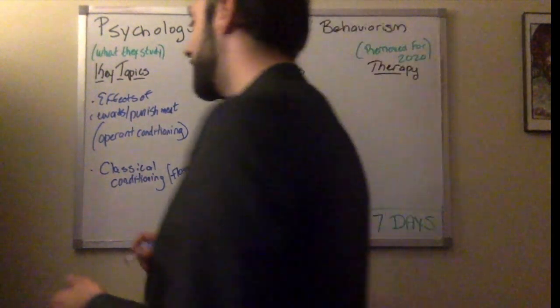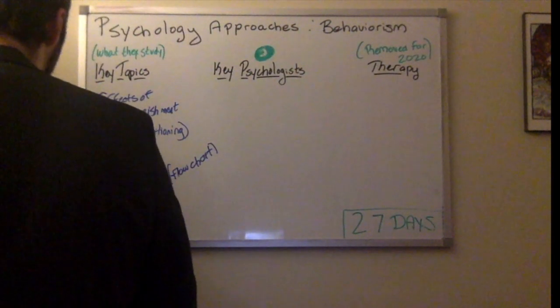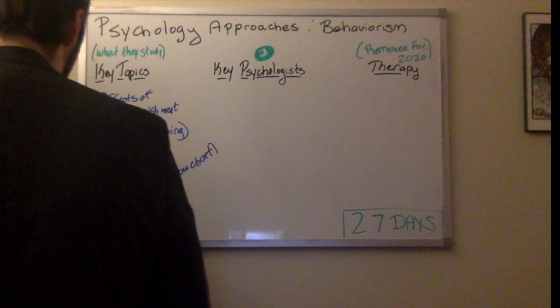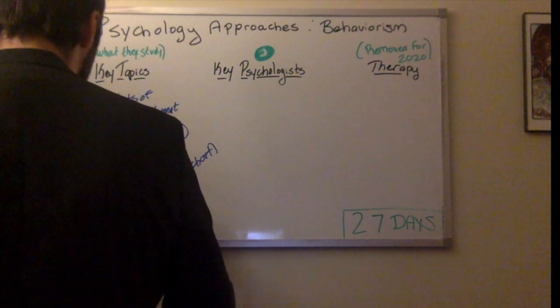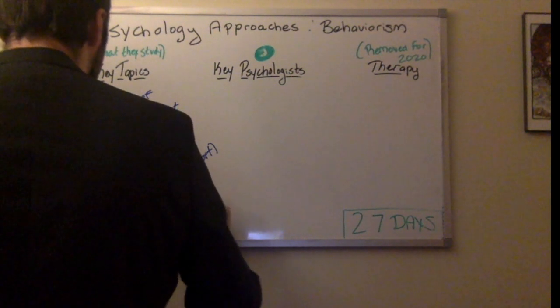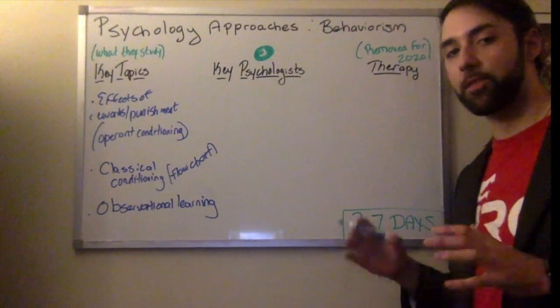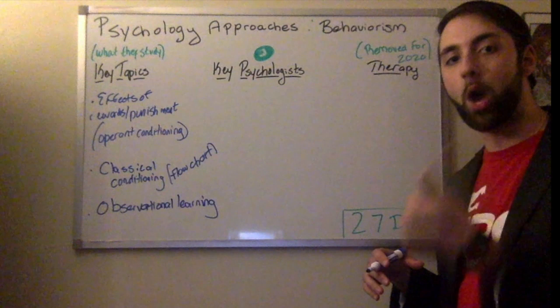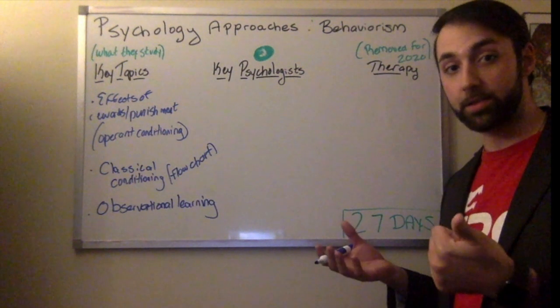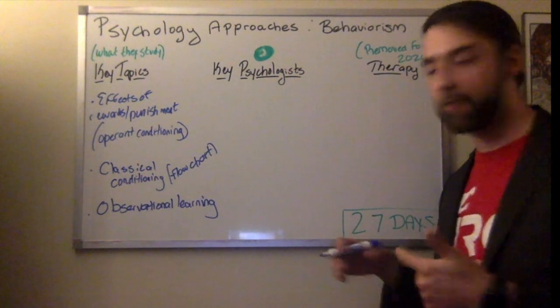One other final thing that a behavioral psychologist would be looking for are examples of observational learning. Observational learning is often the easiest way of referring to the process of watching somebody during the process of modeling and then imitating that behavior.